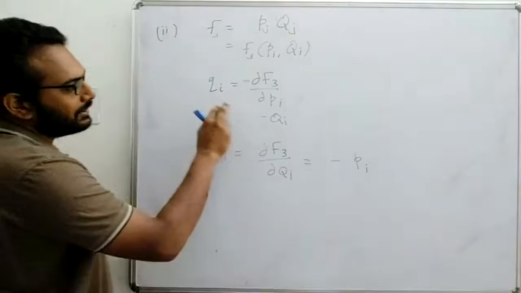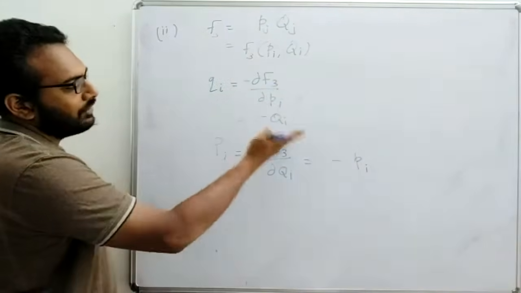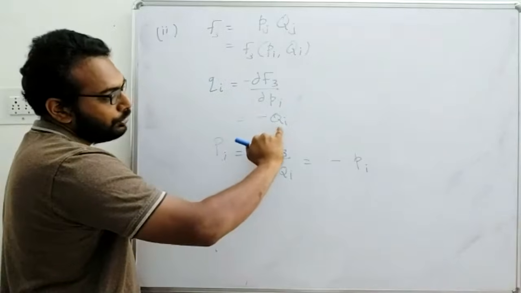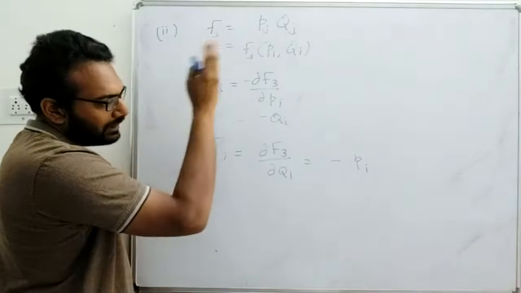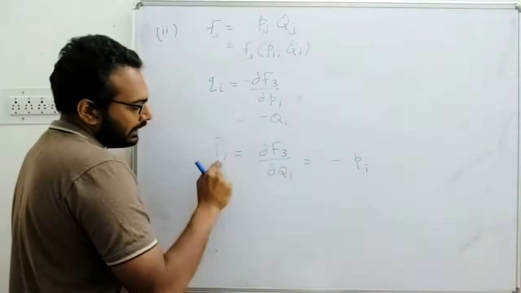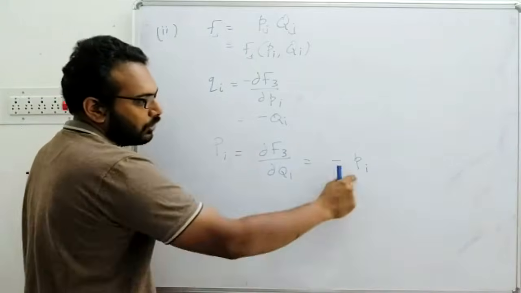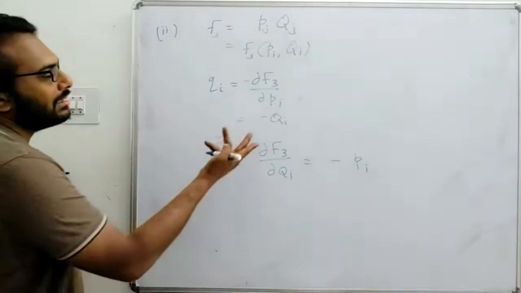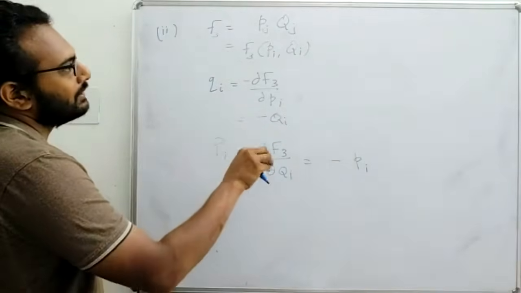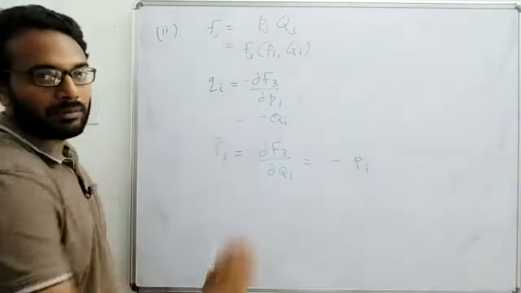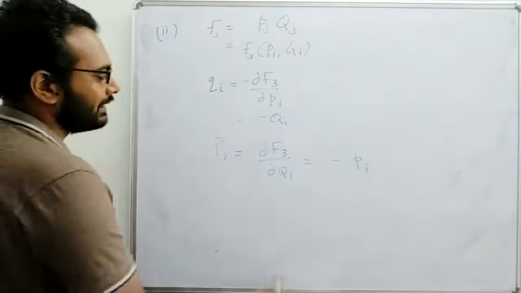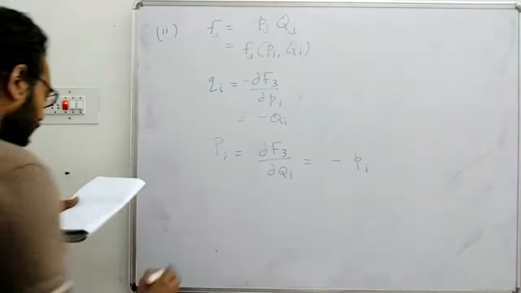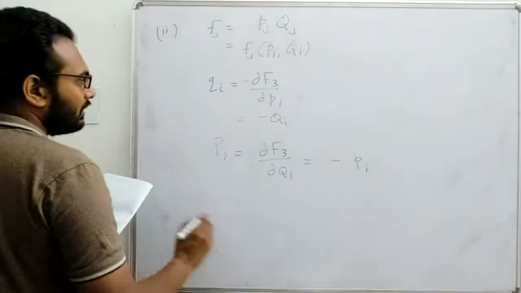You see that you get the transformation equations by inverting this. This is trivial inversion. You get the new coordinates in terms of the old coordinates and momenta, and again the new momenta in terms of the old coordinates and momenta. This is a special case where we just take the old coordinates and momenta and multiply them with a minus, and that is a canonical transformation.